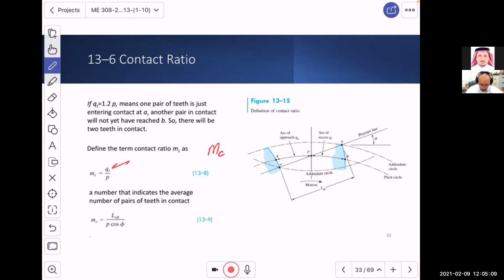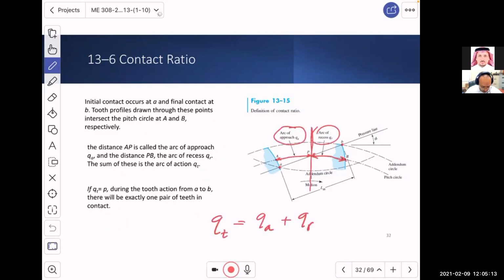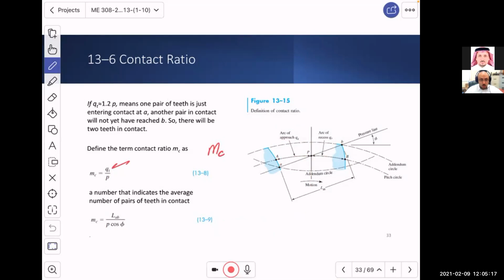You can also measure this mc using the distance Lp over there, which is the distance between point A and B measured along the pressure line.